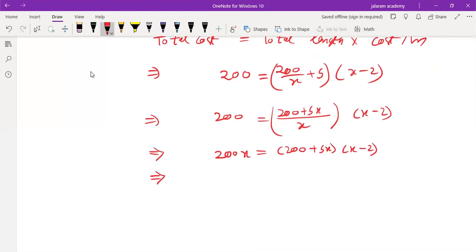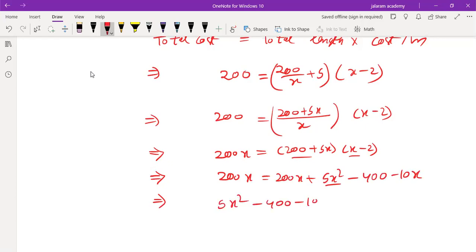On opening the bracket again, 200X equals 200X plus 5X square minus 400 minus 10X. Transfer all of them to the same side. 5X square minus 400 minus 10X plus 200X minus 200X equals 0. These two 200X will be cancelled out.